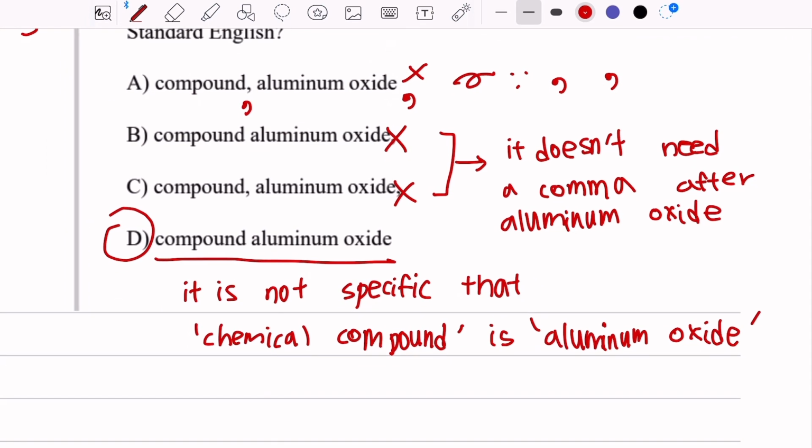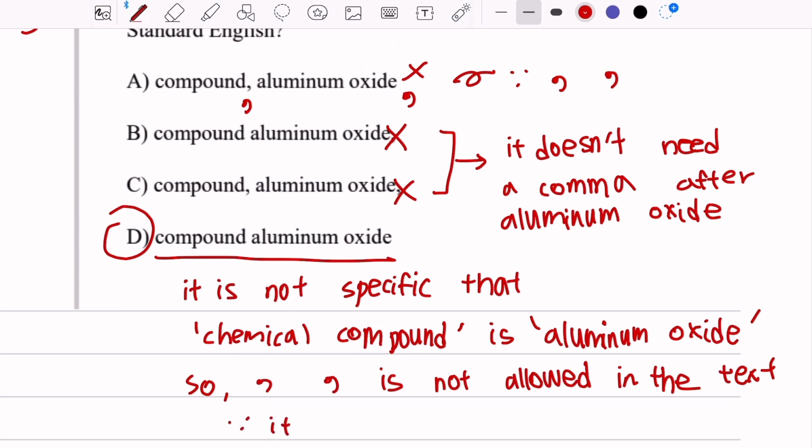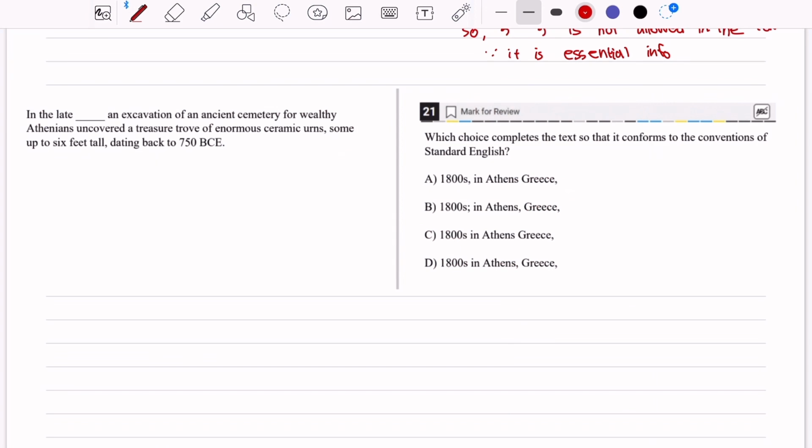So since this is not specific, we shouldn't use a comma between them. It's not allowed in the text. Why? Because it is essential information.